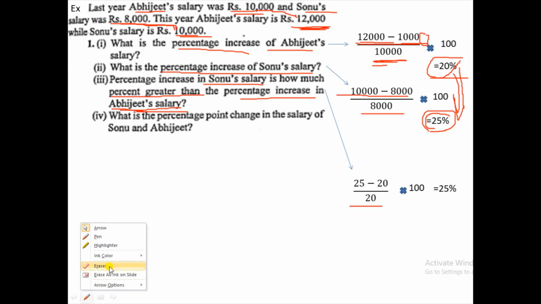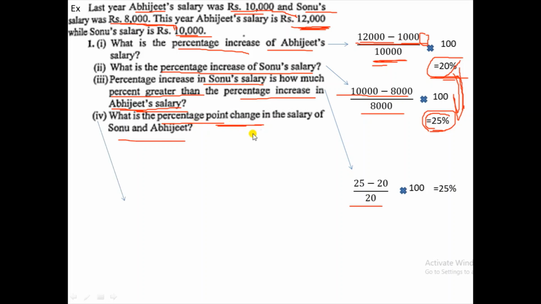Multiplied by 100, it is going to be 25%. So simply, 25% is more by 25% compared to 20%. Okay, so this percentage increment is 25%.